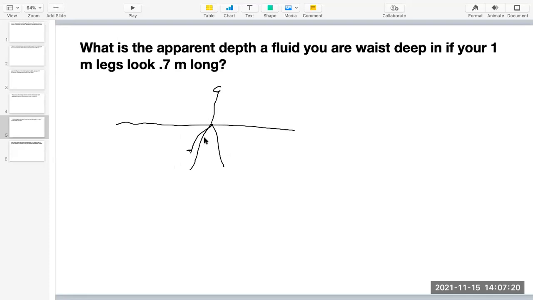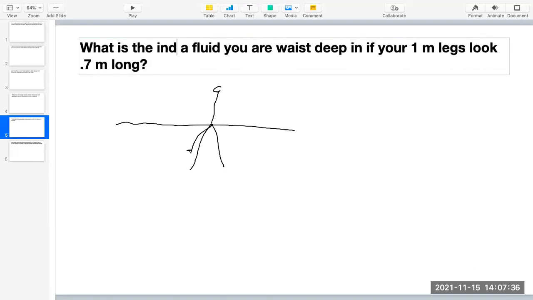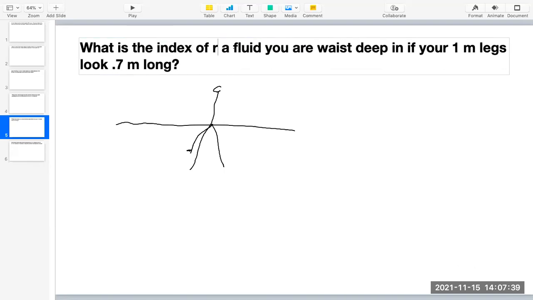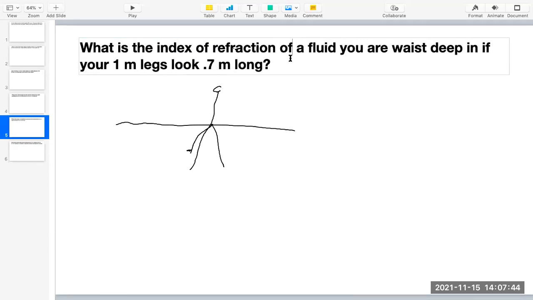What is the index? The apparent depth was 0.7 meters. We already knew that. So if it's got an apparent depth of 0.7 meters, what would its index be?